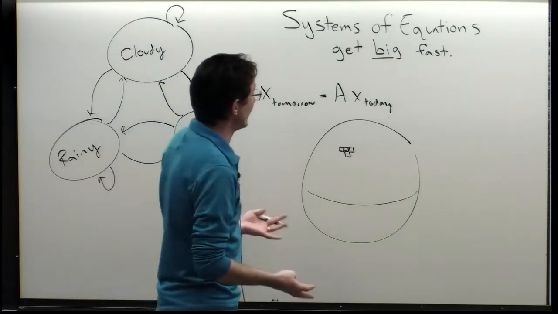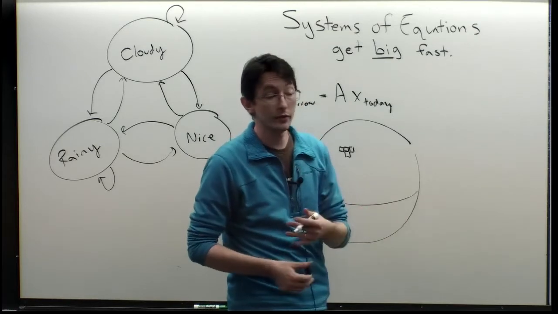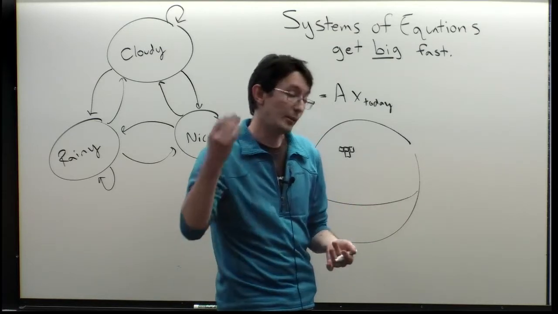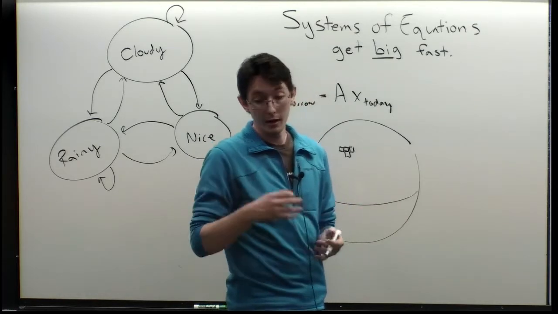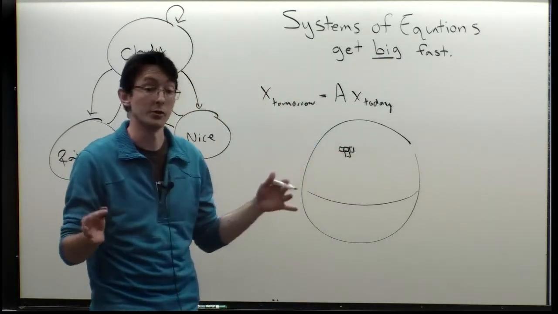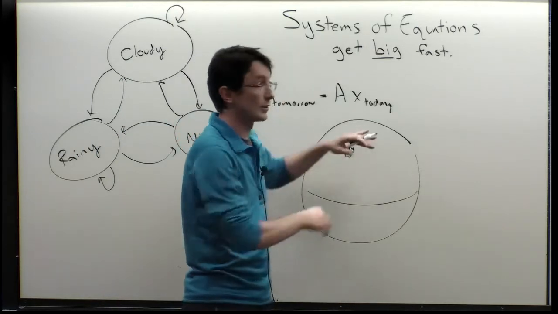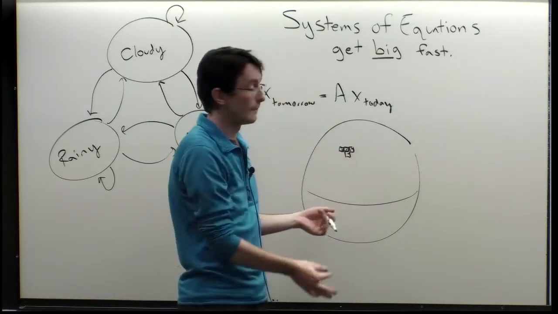But maybe I have even more information: the pressure, the temperature, and the wind velocity. And maybe I have how much sun load is coming down and how much evaporation is coming off of the ocean. Maybe I have lots of information for every point on this grid that covers the globe.